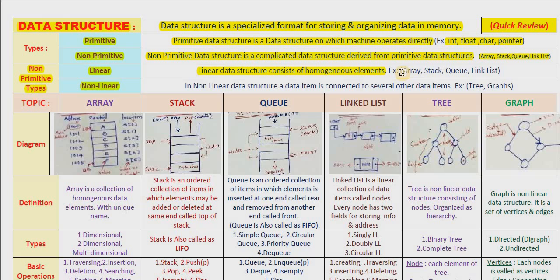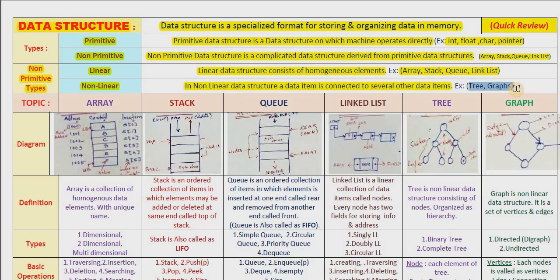Examples of linear data structure are array, stack, queue, linked list. Then non-linear data structure. Non-linear means non-straight. In a non-linear data structure, a data item is connected to several other data items.